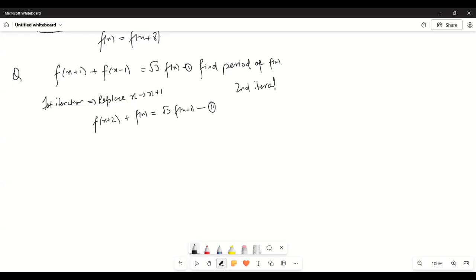Then second iteration, same equation में in 1 replace x with x minus 1. तो ये देगा f of x plus f of x minus 2 is equal to root 3 times f of x minus 1.